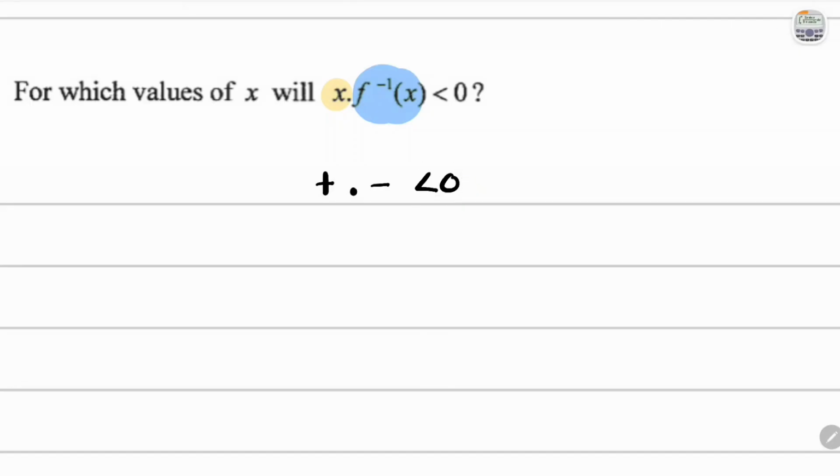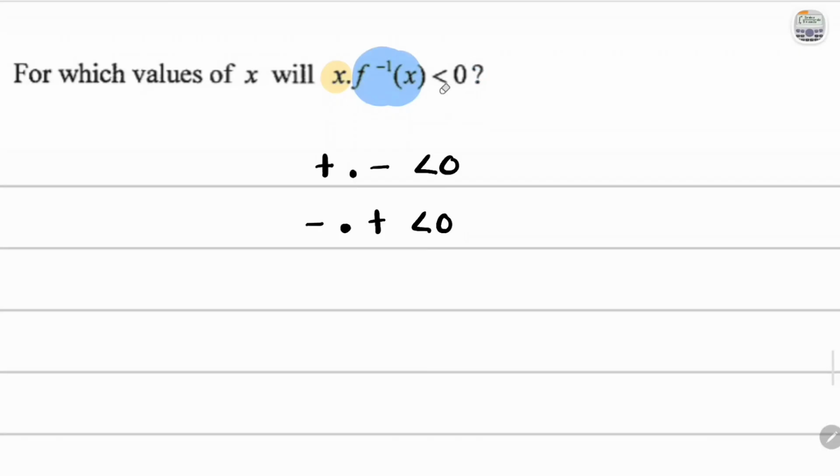Or the second scenario would be when the x values are negative and we're multiplying by positive y values of the inverse. Then that would be a negative result as well. So we're just trying to formulate ways to get a negative number. Positive times negative is negative, and a negative times a positive is negative.